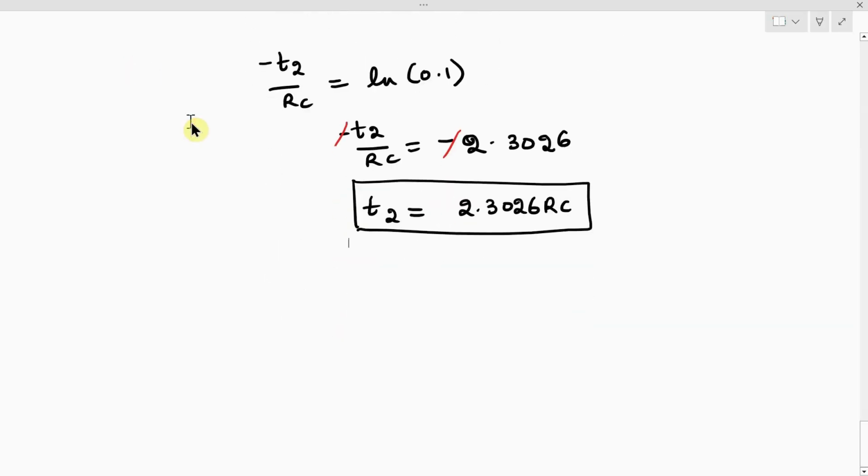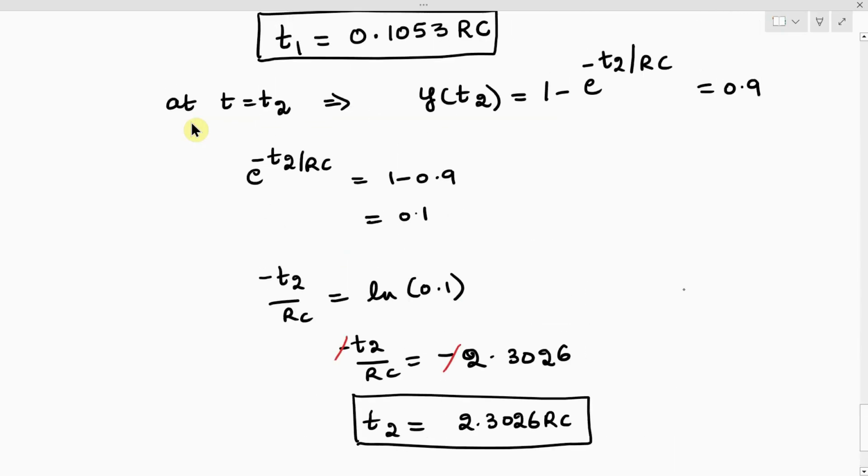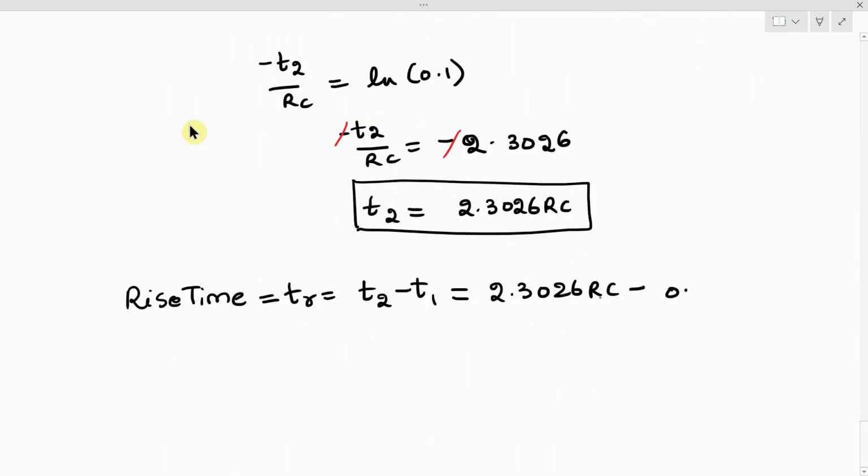Okay. Now we have come to a conclusion about the rise time. It is T2 minus T1. Please tell me what is T2 minus T1? 2.3026 RC minus 0.1053 RC.